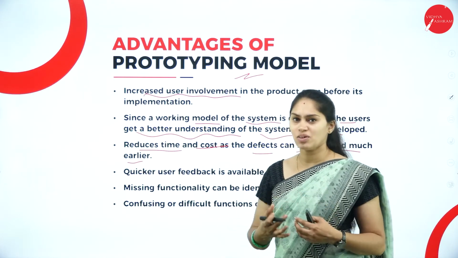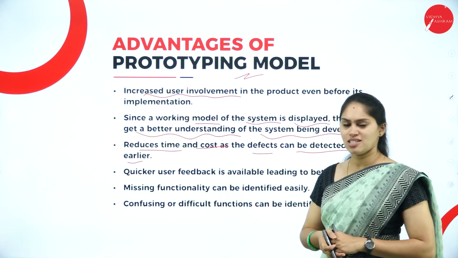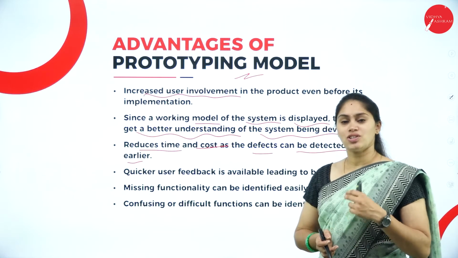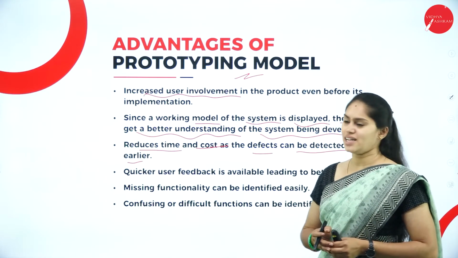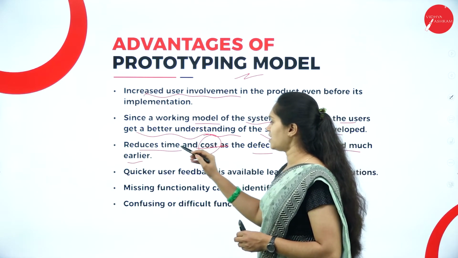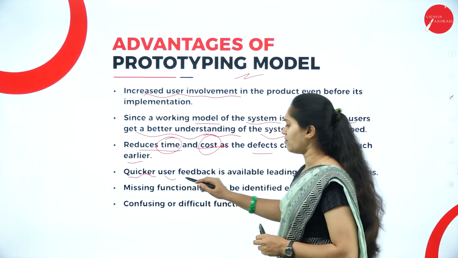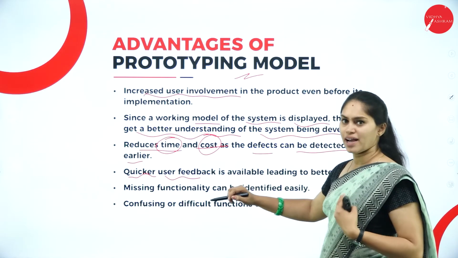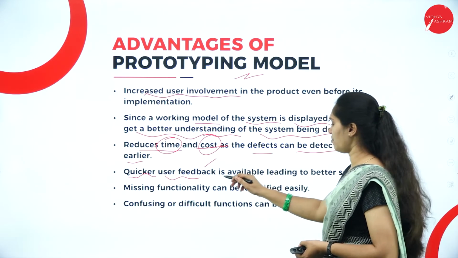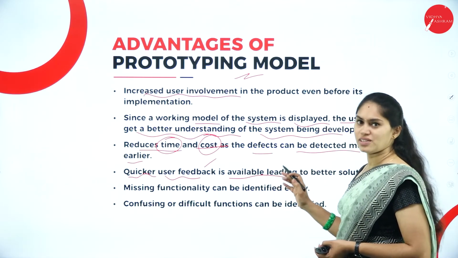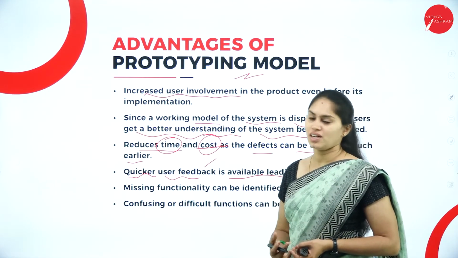So when we start working with certain functionality of a product, project or system, detection of errors will be very easy. When we get to know the errors in the early stage, it will save time as well as cost, and it will give quick user feedback or a review which will be available to the developer or designer, leading to a better solution for a problem.